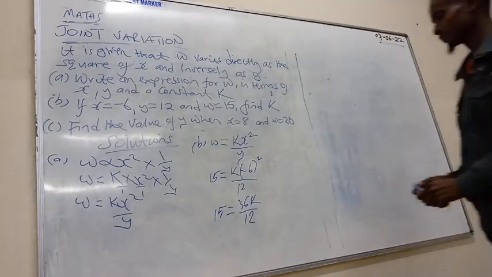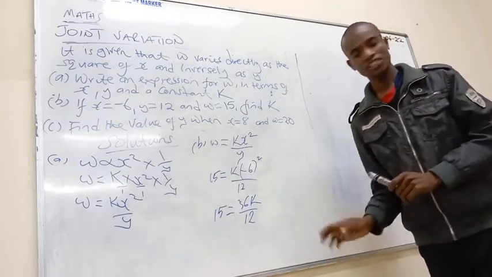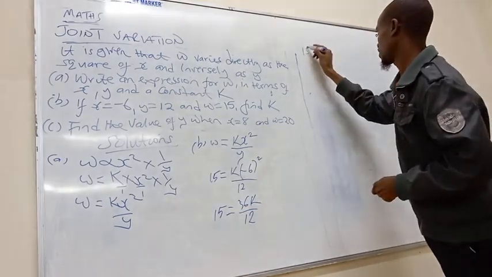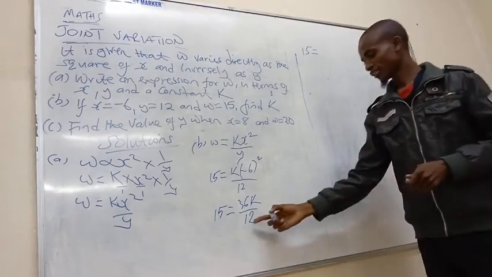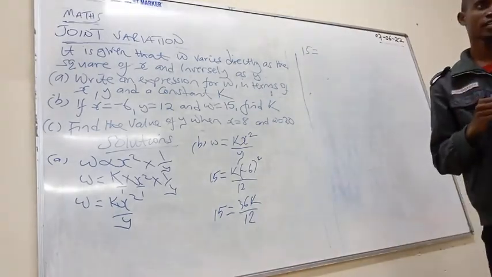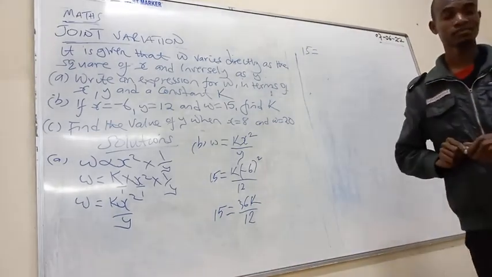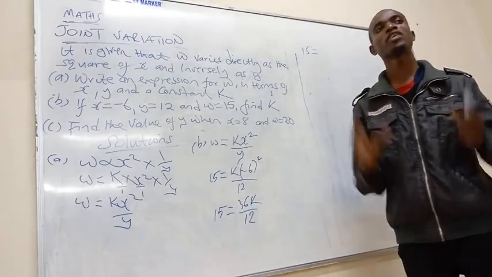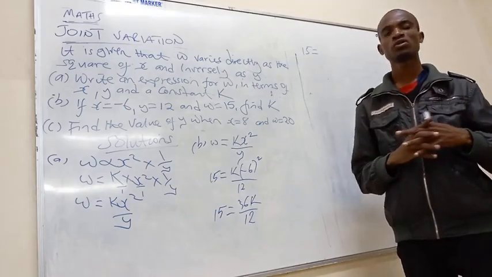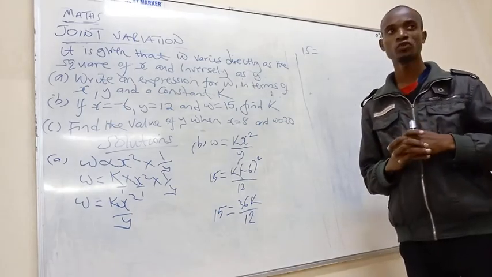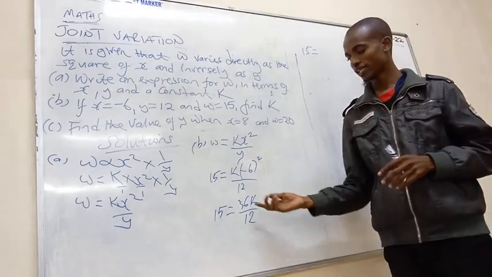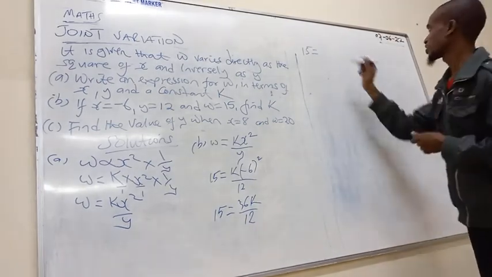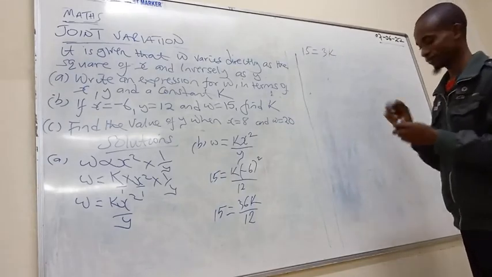Sometimes don't rush into cross multiplying. Try to see if that denominator can go into the numerator. Can 12 go into 36? If we were to multiply, the answer will be the same, but the figure will be too big to deal with. So better you try to divide. 12 into 36 goes how many times? 3. So you have 3k here, right?